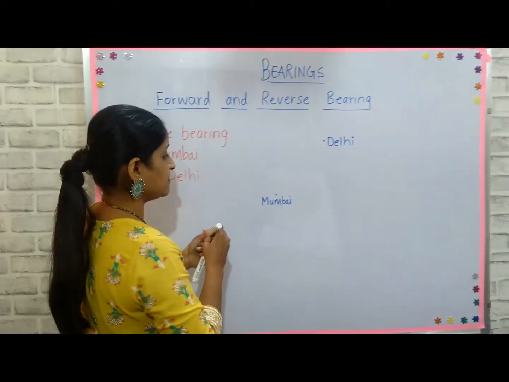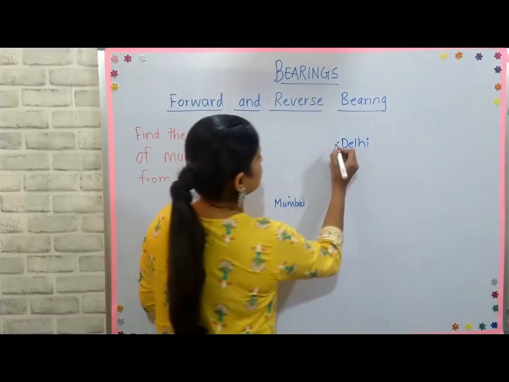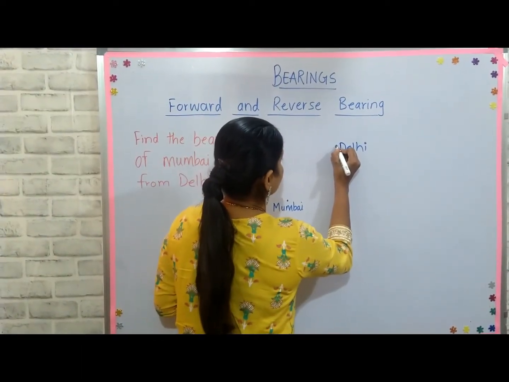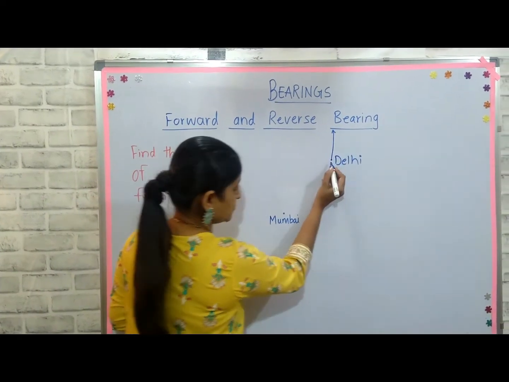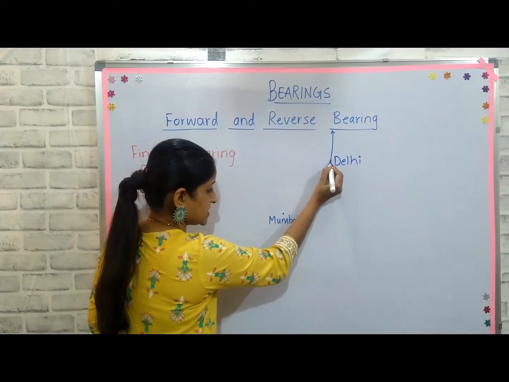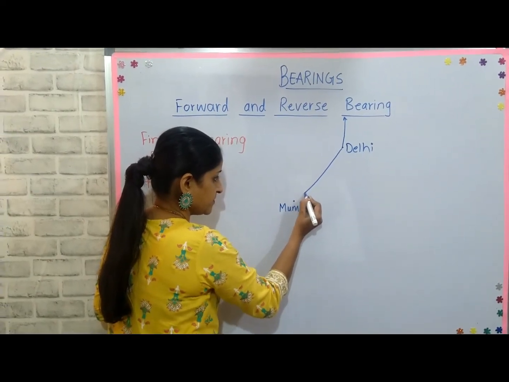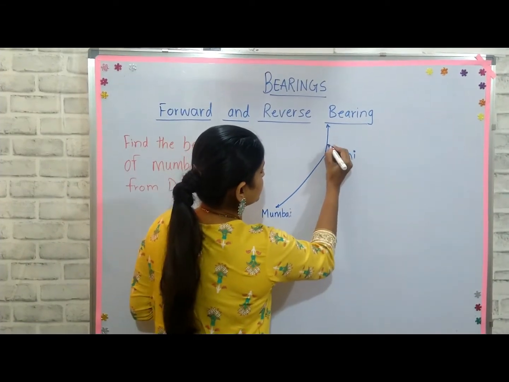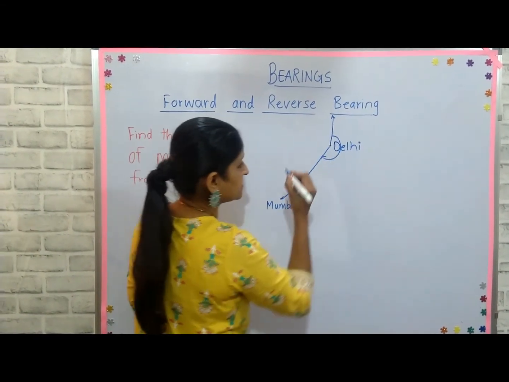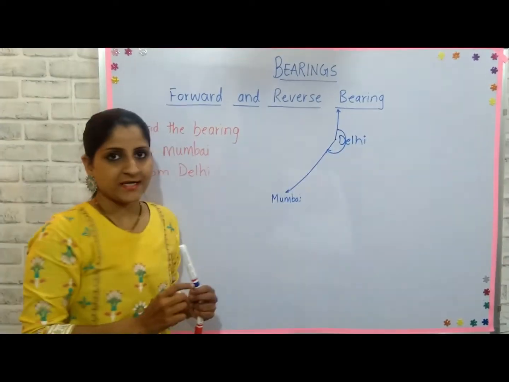When we have to find the bearing of Mumbai from Delhi, as we are finding it from Delhi, the perpendicular north will come on Delhi, and then we join the distance between Delhi and Mumbai, and then we measure this angle as our bearing of Mumbai from Delhi.